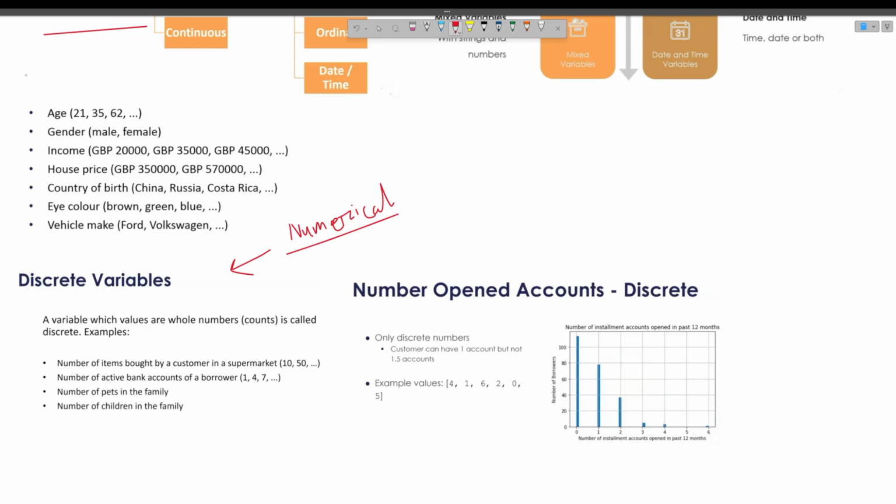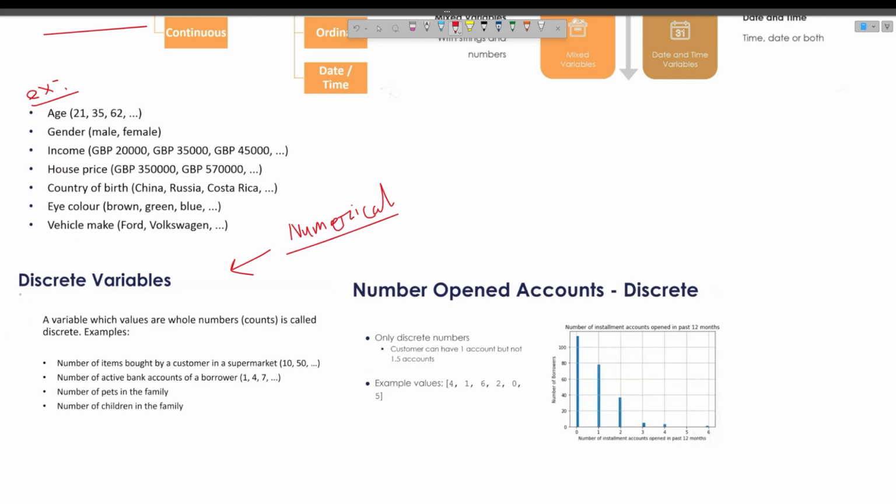For age we can have 21, 35, whatever it is. These are numbers, so the age variable is numerical, right? Only numbers. For gender, you can see male, female. Obviously they are words, but they refer to some category, right? We'll learn about that. You can just check out the examples.